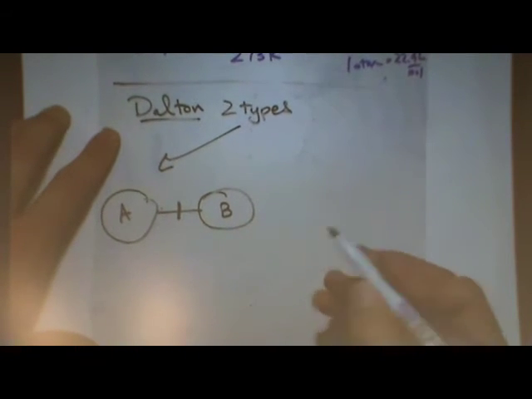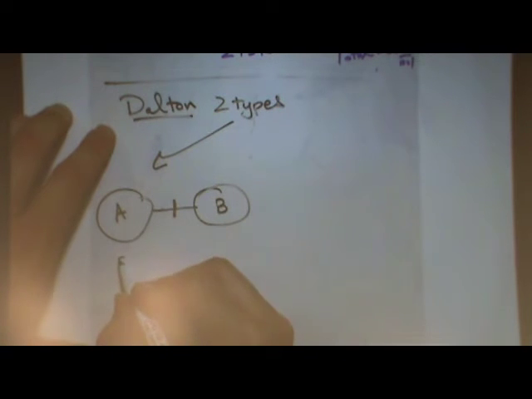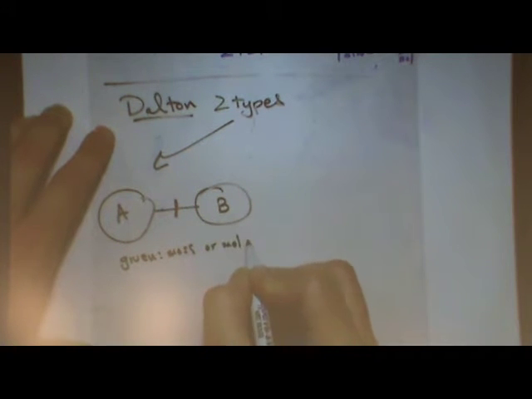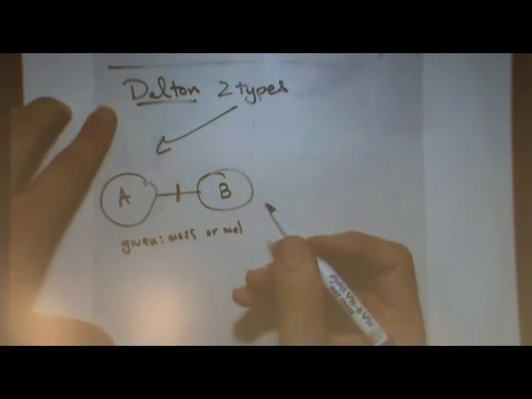I will usually give you, say, the mass or the moles of A and B. And so what you'd want to do is find the mole fraction of both of them.